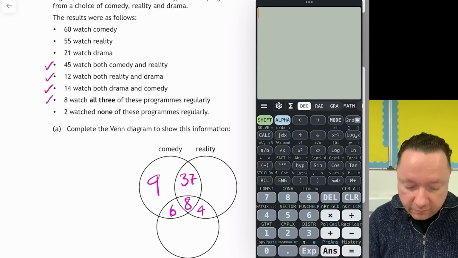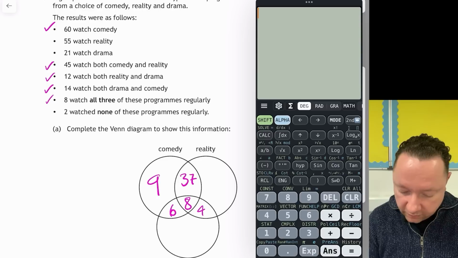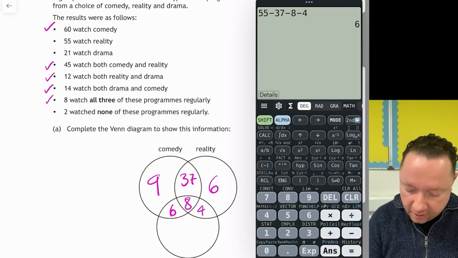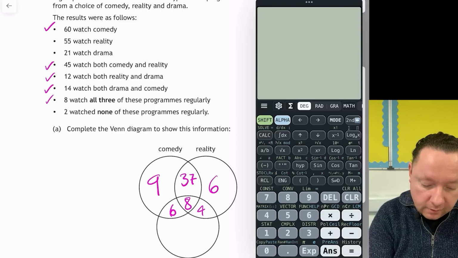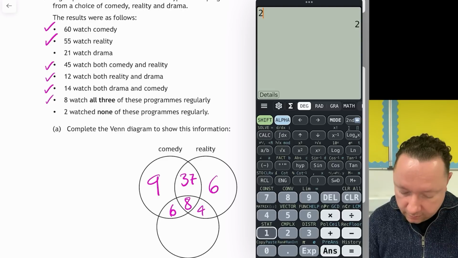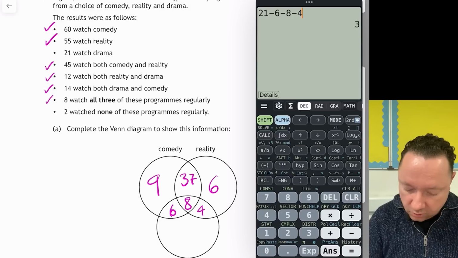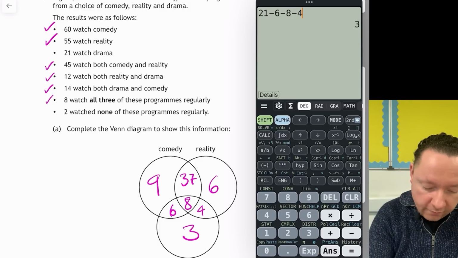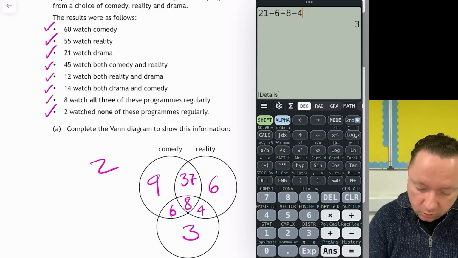For reality, 55 watch reality, so it's 55 minus 37 minus 8 and 4, which gives me 6 for reality. And drama 21, so minus 6 minus 8 minus 4 in that circle gives me 3, and then don't forget the one outside, 2. So 2 hanging about outside.